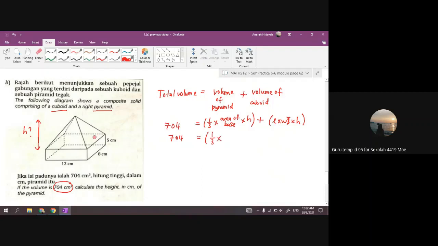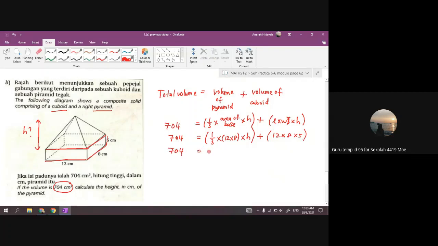It's 1/3 times area of base, bentuk square kan base pyramid ni, so length dia adalah 12, width dia adalah 8. So 12 times 8 times height of the pyramid. So tak tahu, so kita nak cari kan yang ni. So plus volume of cuboid, so length dia adalah 12. Ni length dia. Width dia 8, height dia 5. So times 8 times 5.